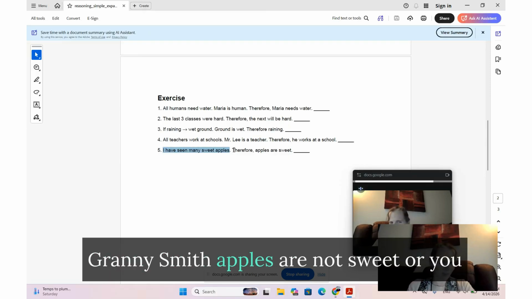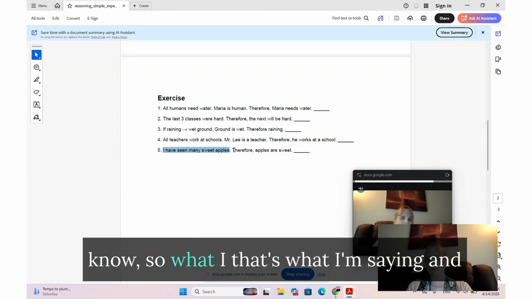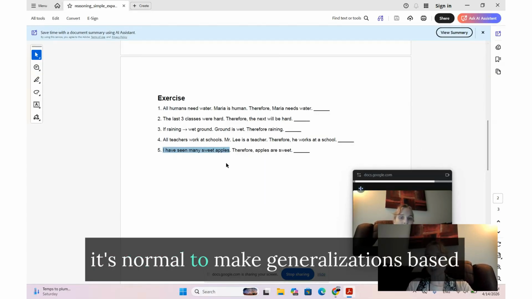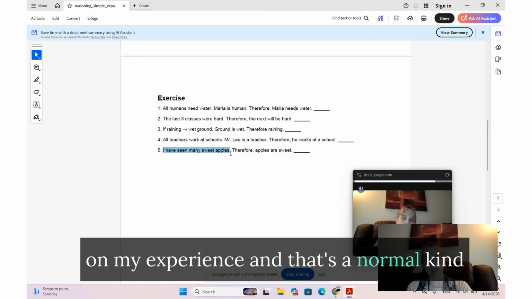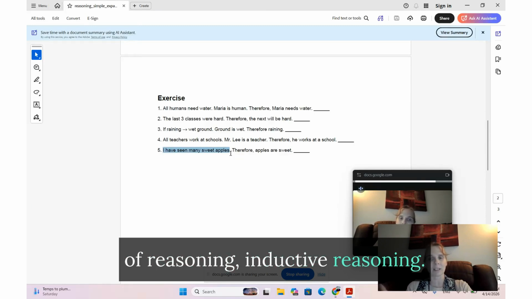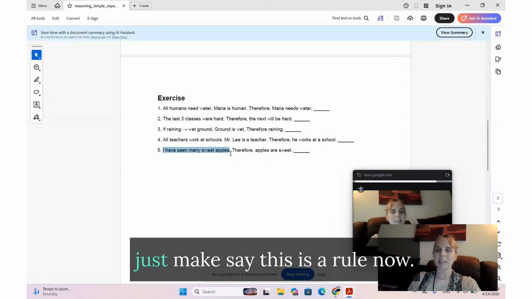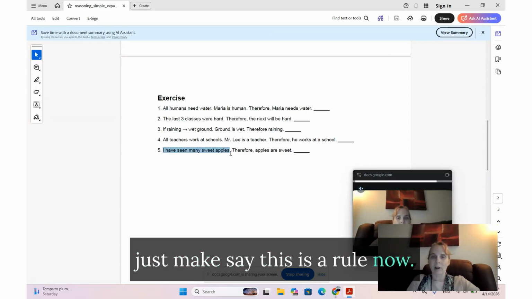Granny Smith apples are not sweet, or so that's what I'm saying. And some apples just don't have any taste, but it's normal to make generalizations based on my experience, and that's a normal kind of reasoning, inductive reasoning. It works to a certain extent, but you can't just say this is a rule now.